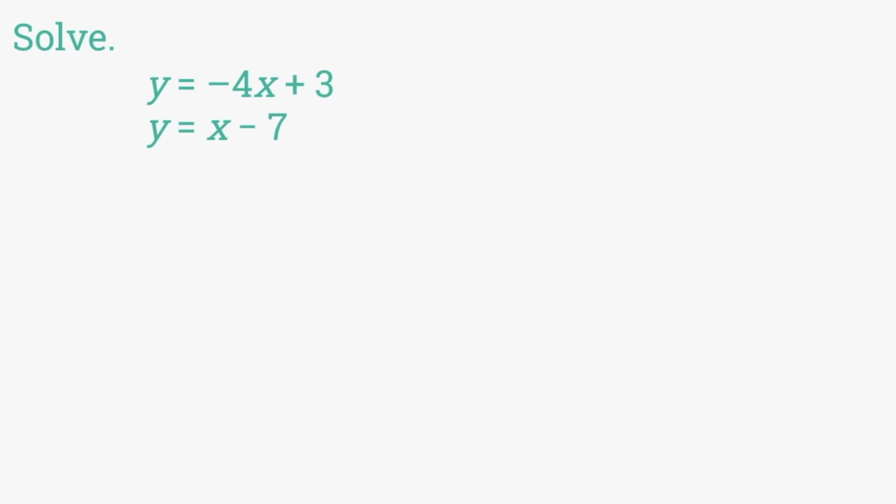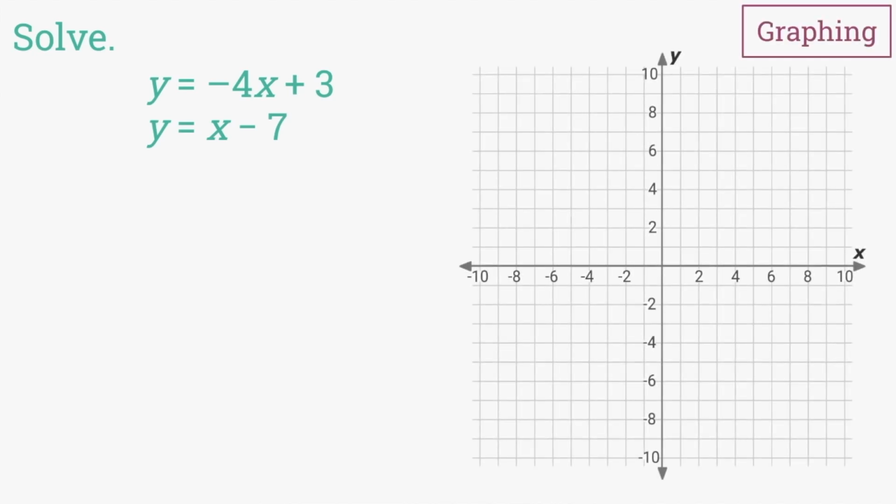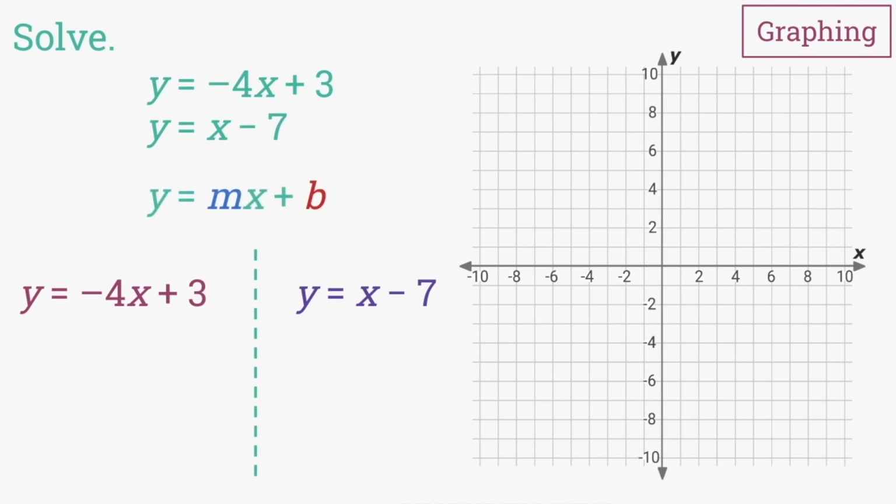For our first example, we need to solve the system y equals negative 4x plus 3 and y equals x minus 7. Since both equations here are written in slope-intercept form, let's graph them to find the solution. We'll graph both lines and see where they intersect. Remember, in slope-intercept form, the equation y equals mx plus b has slope m and y-intercept b.